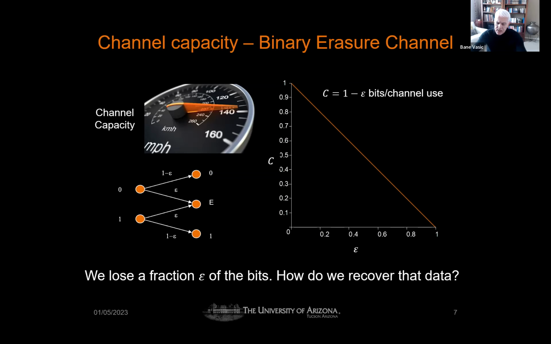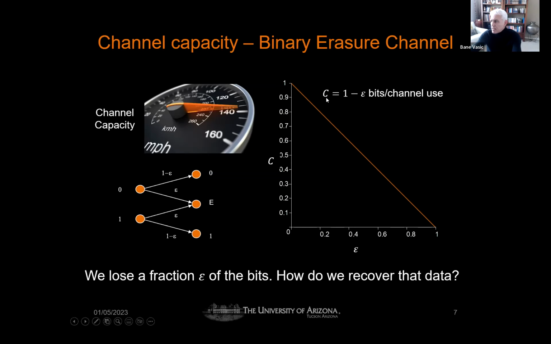It is easiest to see this on the example of the binary erasure channel. So we know that an epsilon fraction of bits are lost, and obviously the fraction of bits that is passed through the channel is 1 minus epsilon. So this is what we call the channel capacity.